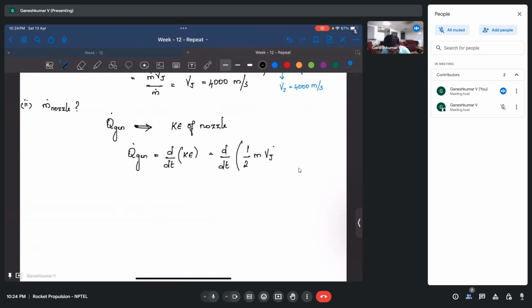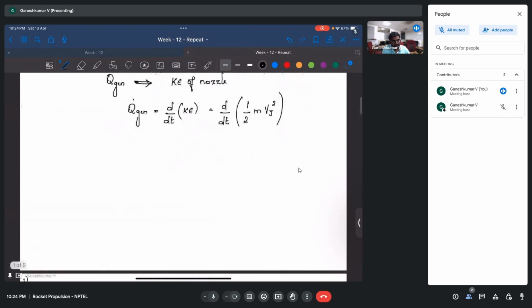Since vj is constant, we can take it out, and dm by dt is m dot, so we can directly write Q dot generation equals half m dot vj square. We need m dot, so m dot is nothing but 2Q by vj square.